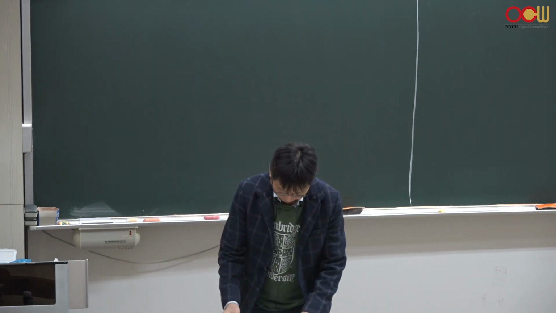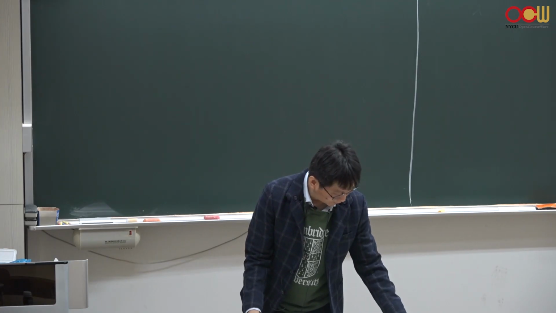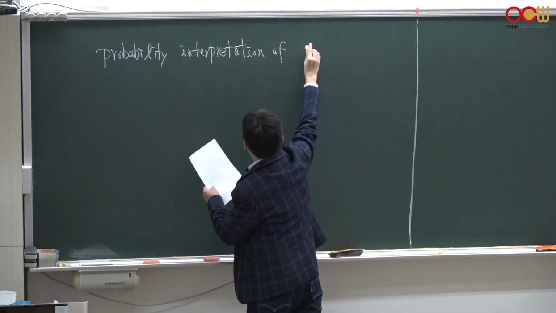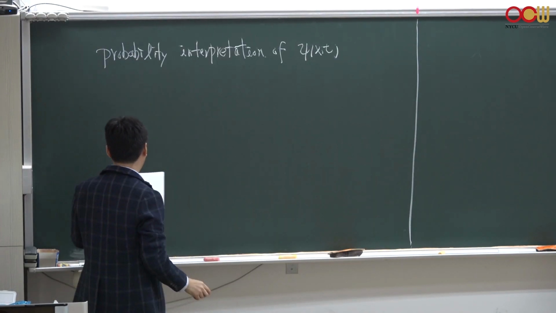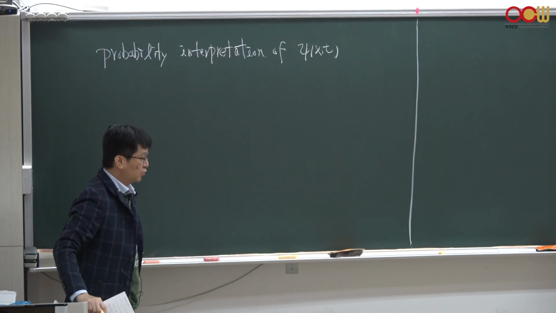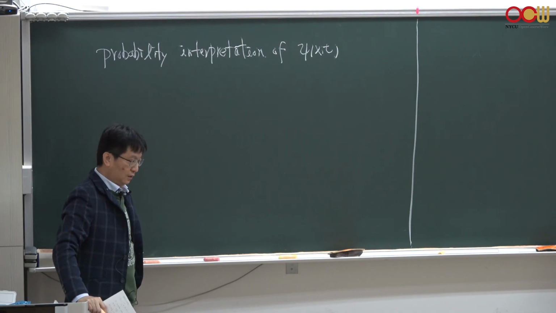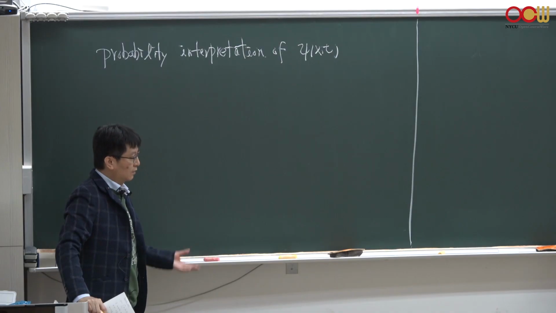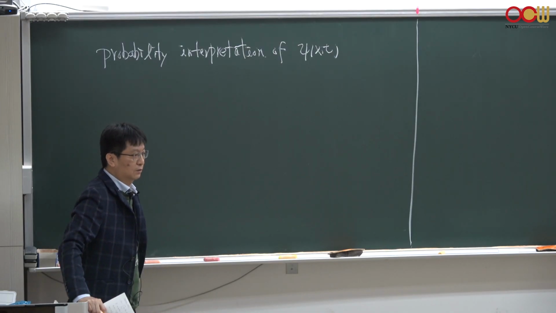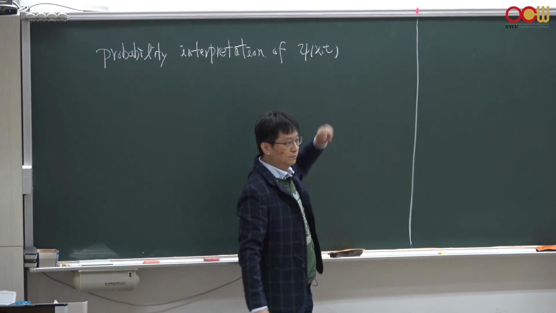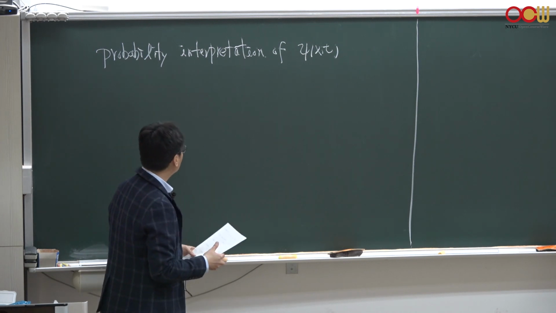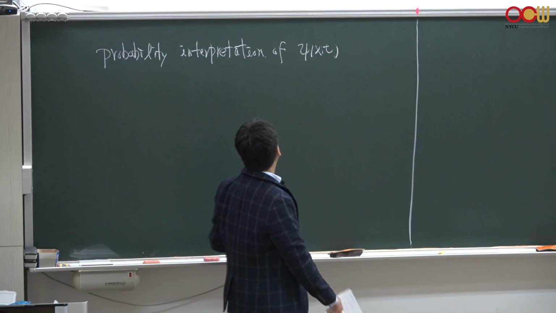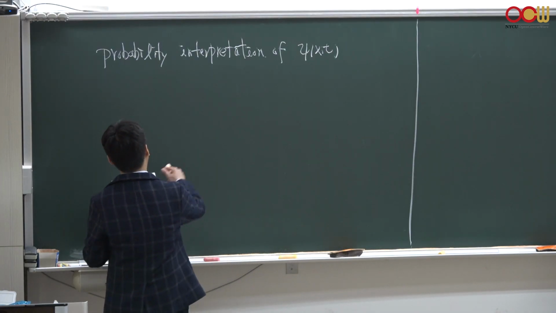Let's come back to the probability interpretation of the Schrödinger wave function. As I mentioned, this wave function satisfies the Schrödinger equation, and it gives the probability distribution for finding a quantum particle at a given location in space and time. We should interpret this psi as a probability amplitude.